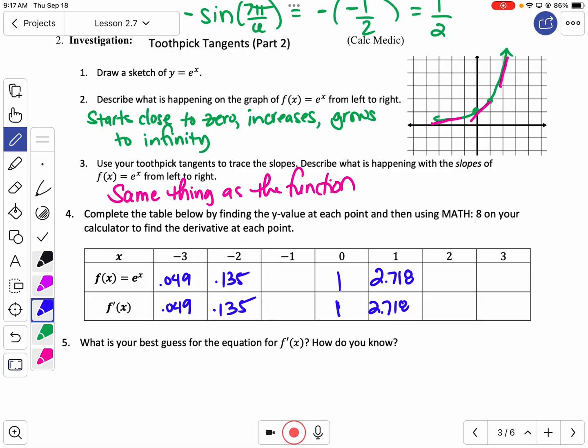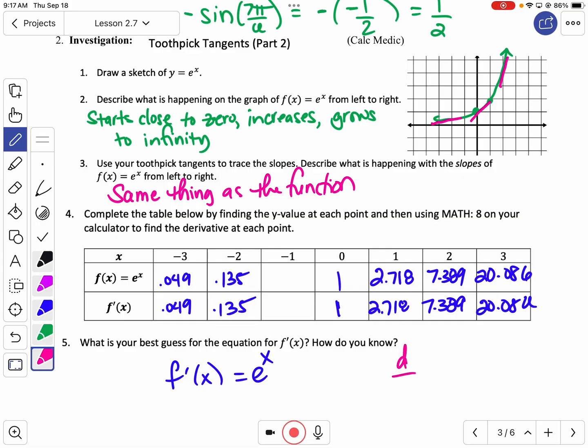That is not a coincidence. That's on purpose. The derivative of e to the x, the slope of e to the x, is the function itself. So our best guess for f prime is the exact same function.